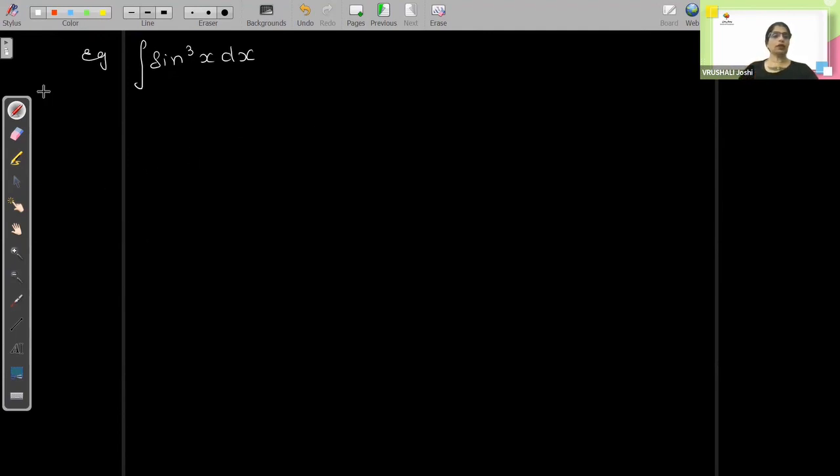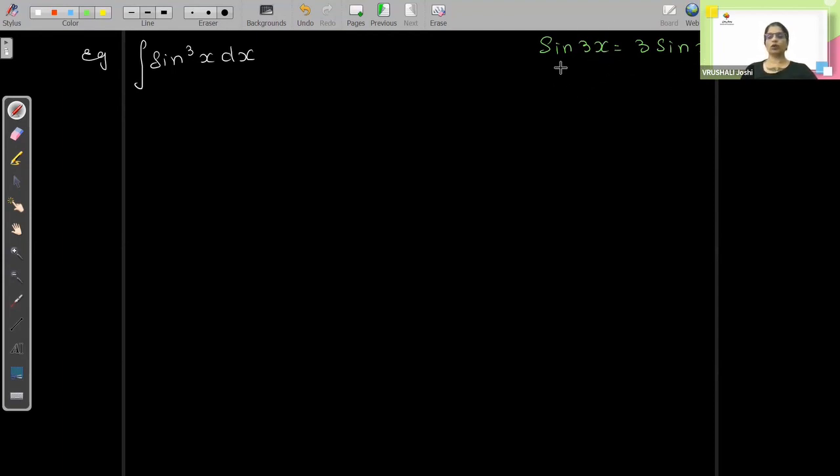Correct? So what was the triple angle formula for sine? Triple angle formula means the sine 3x formula. Sine 3x is equal to 3 sine x minus 4 sine cube x. Correct? Now sine cube is here, the rest is easy.